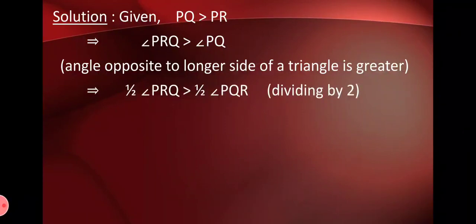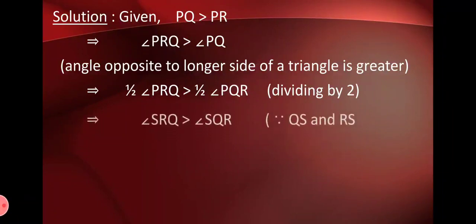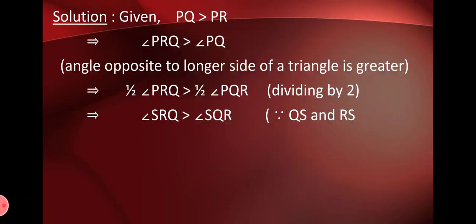This implies that half of angle PRQ is greater than half of angle PQR, because we are dividing both sides by 2. This implies that angle SRQ is greater than angle SQR, because half of angle PRQ is angle SRQ.